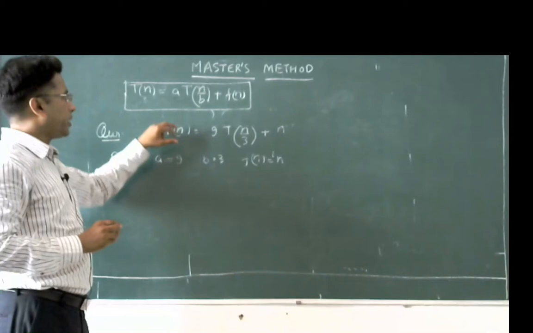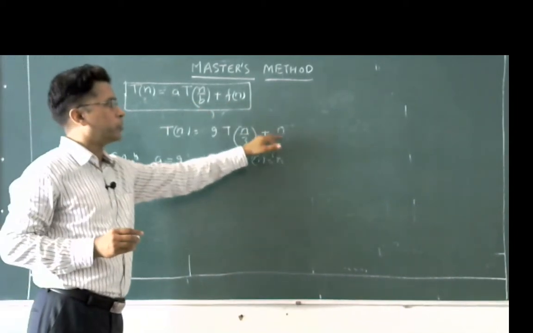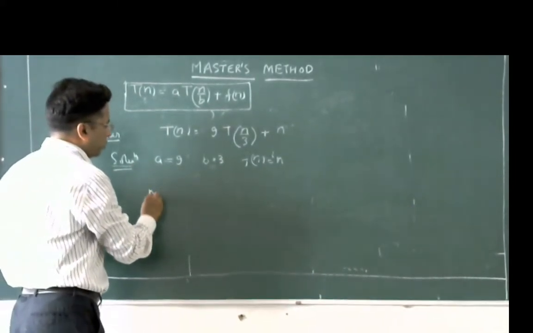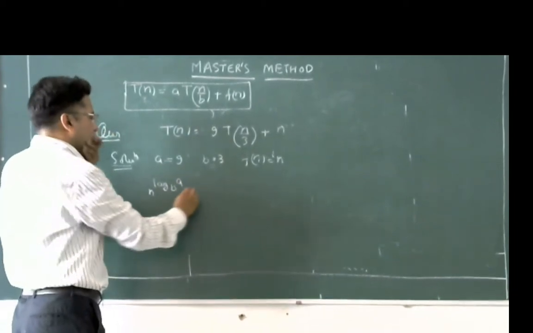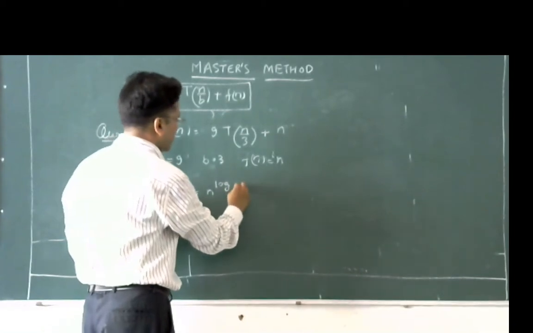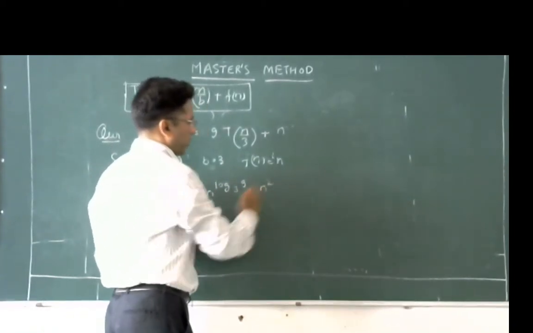I think that it's clear. Then we shall calculate the value of n raised to the power log a base b, which is n raised to the power log 9 base 3, which is n squared.